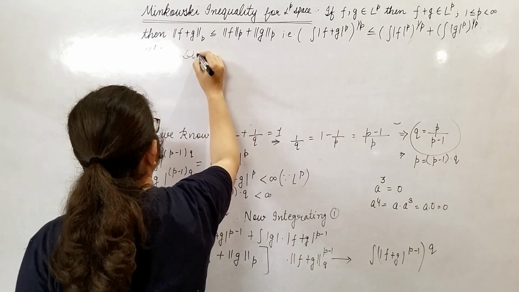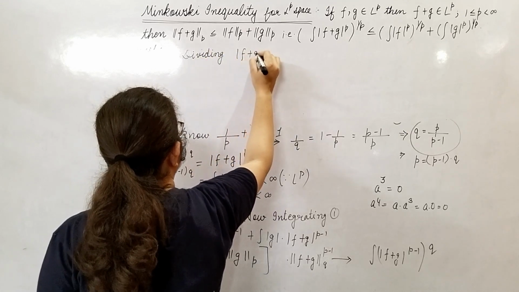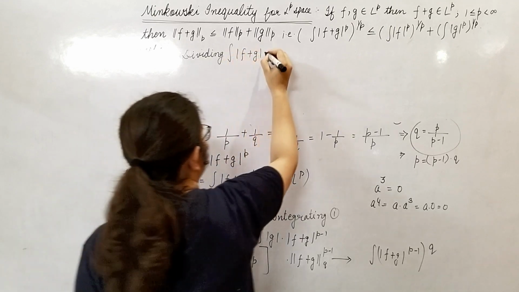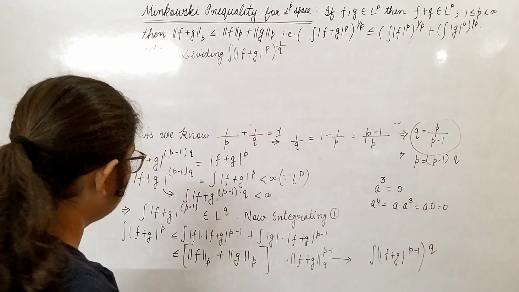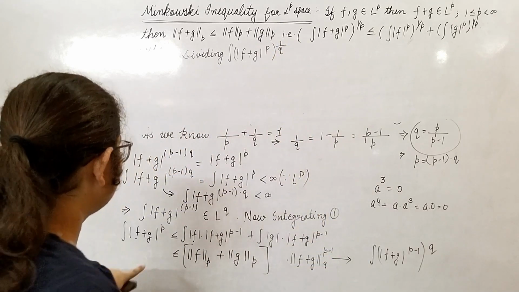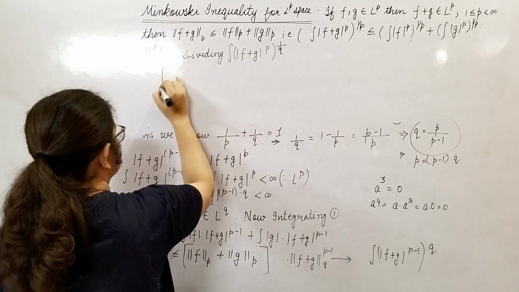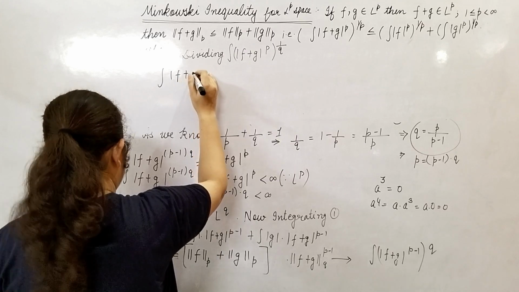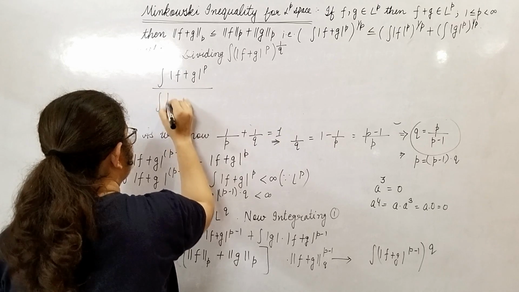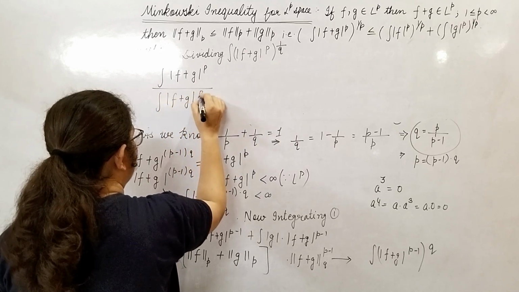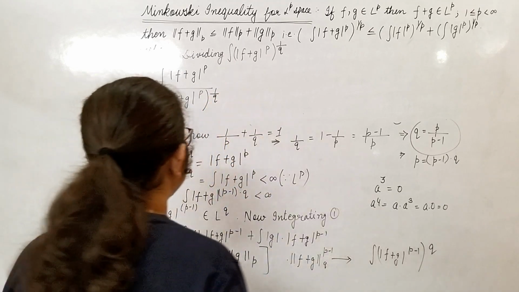Dividing, p raised to the power 1 by q. Alright, I am dividing this by this. What will I get? Plus g raised to the power p divided by this, (f plus g) raised to the power p whole power 1 by q.